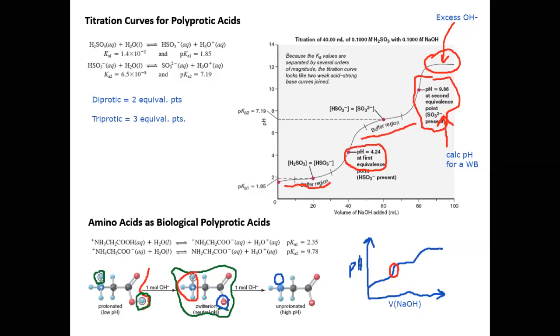The second titration point here would be due to the acidic proton on the nitrogen.